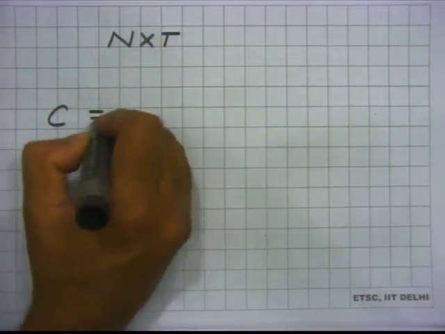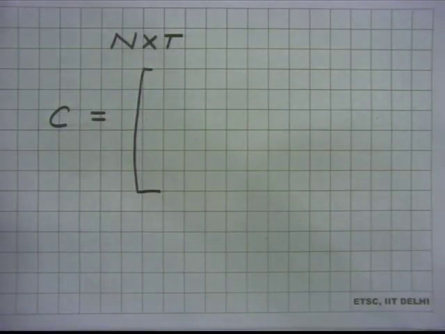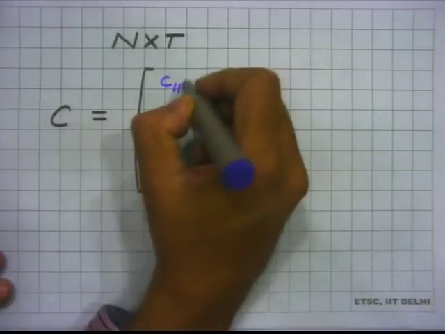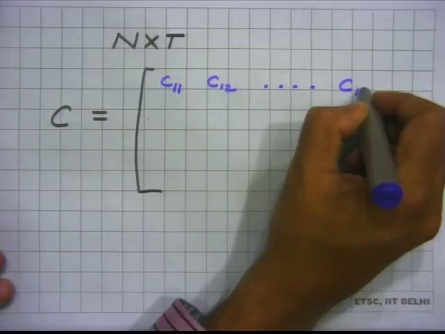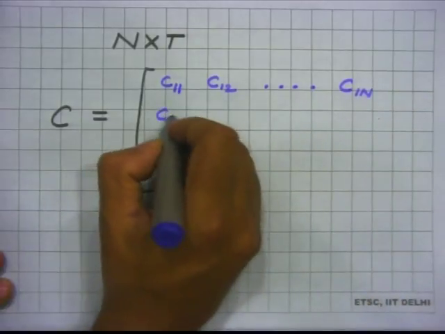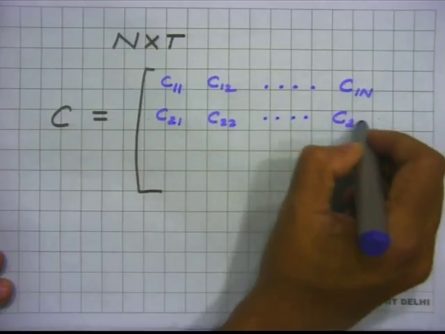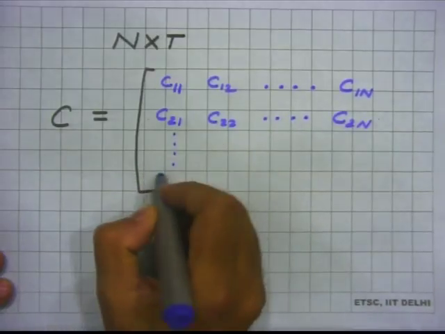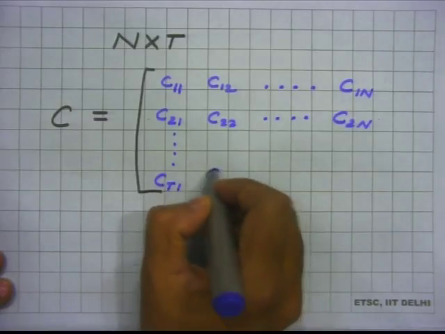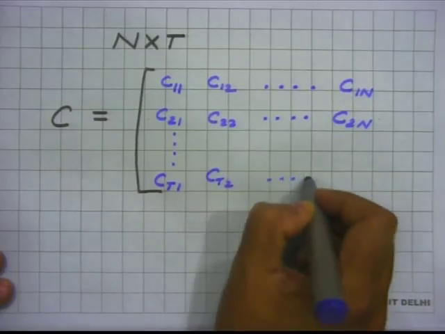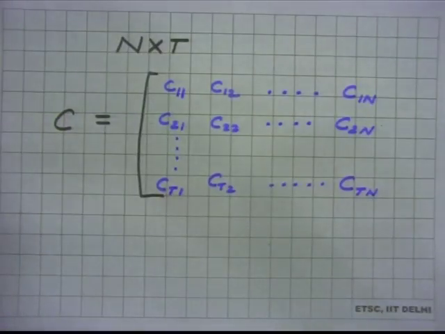then C will be written as C11, C12 to C1n, then C21, C22 to C2n, and you can keep going and you have t time slots. So, Ct1, Ct2 to Ctn.